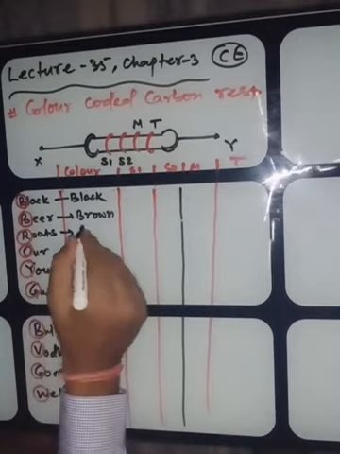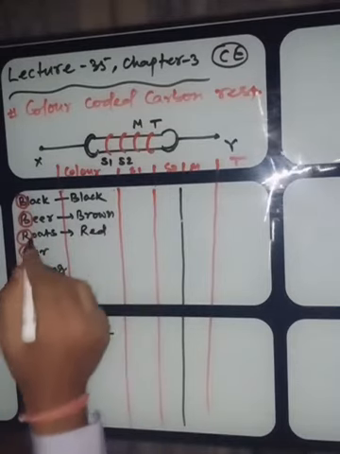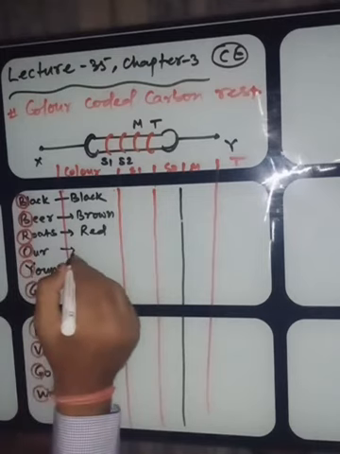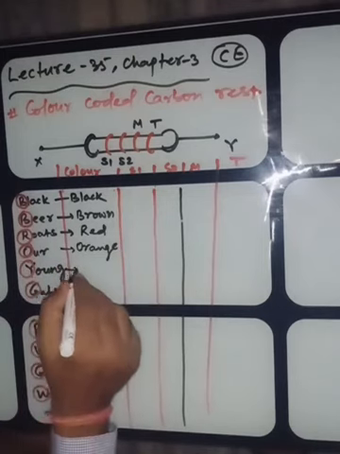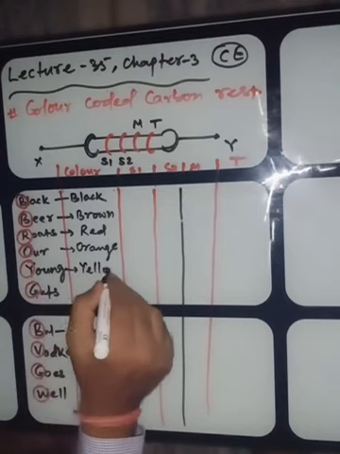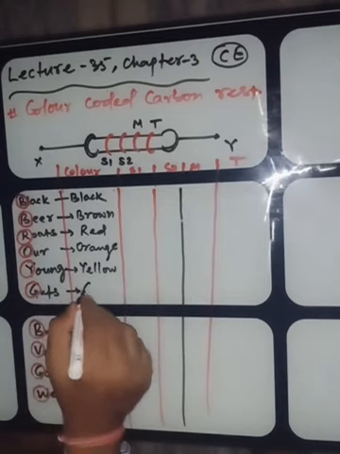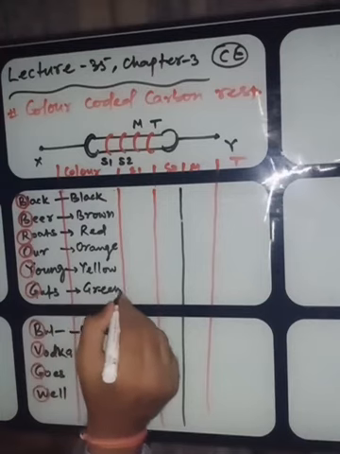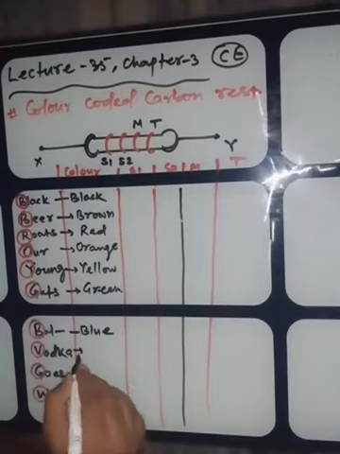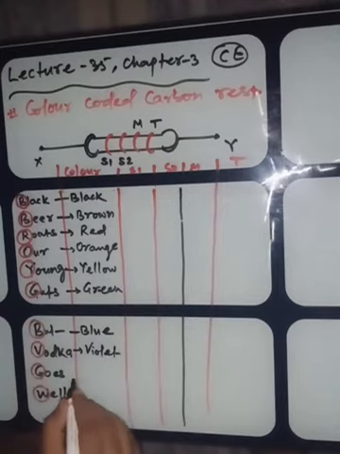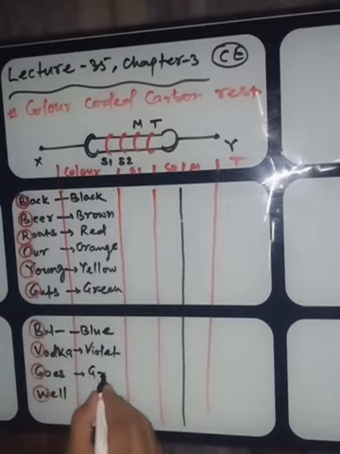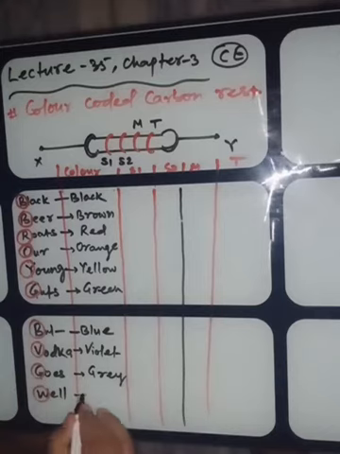R, red. Black, beer, rose. O, orange. Y, yellow. G, green. V, violet. G, gray. White.